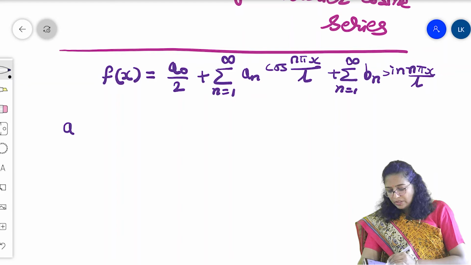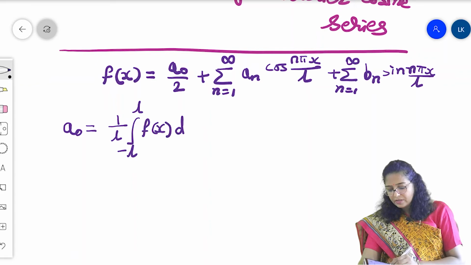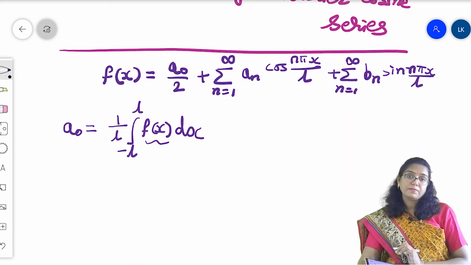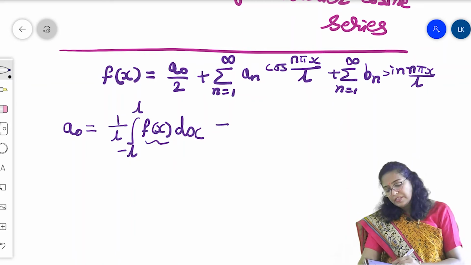Also, we know that a0 is equal to 1 upon L integral from minus L to L of f(x) dx. But f(x) is an odd function. Therefore, the value of this integral is 0.